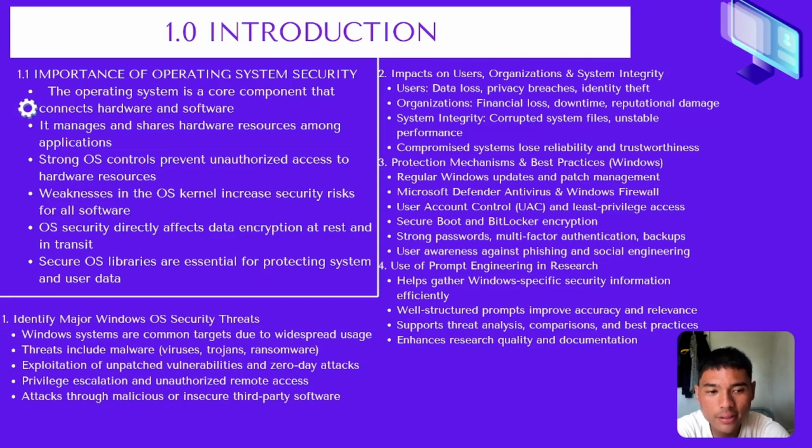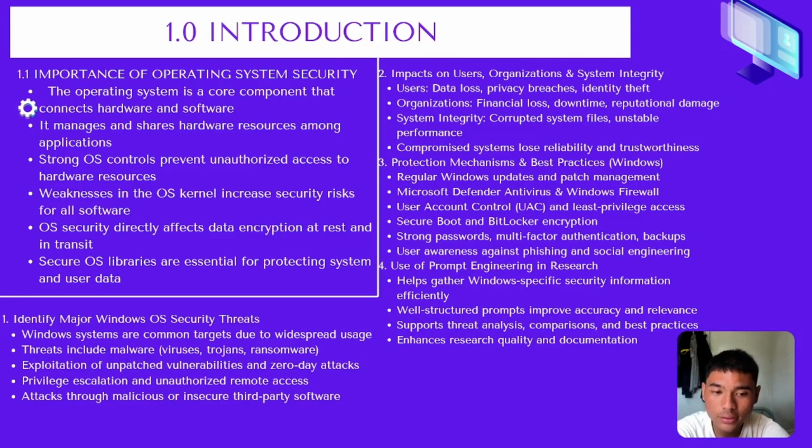OS security directly affects data encryption at rest and in transit, and secure OS libraries are essential for protecting system and user data. Next, we go to the objective of this project. First of all, is to identify major Windows OS security threats. For all we know, Windows systems are common targets due to widespread usage.